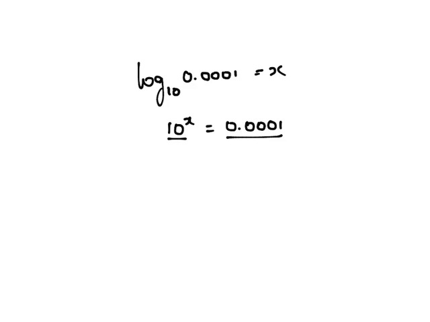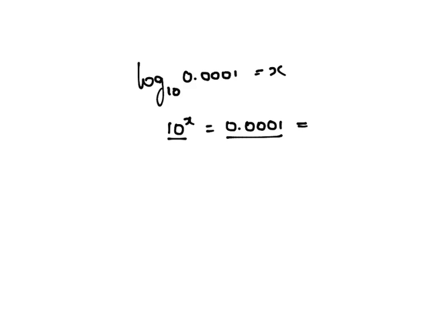Log of 0.0001 to the base 10. I want to find the value of this. So I'll take it as x. So I get 10 raised to x equal to 0.0001. Now since the base is 10, I should write this expression in terms of 10, let's say 10 power 4 or whatever it is.